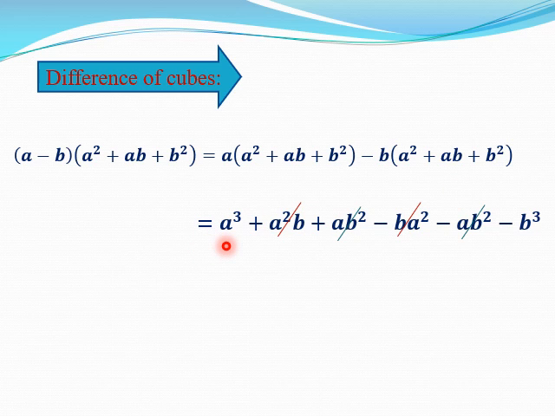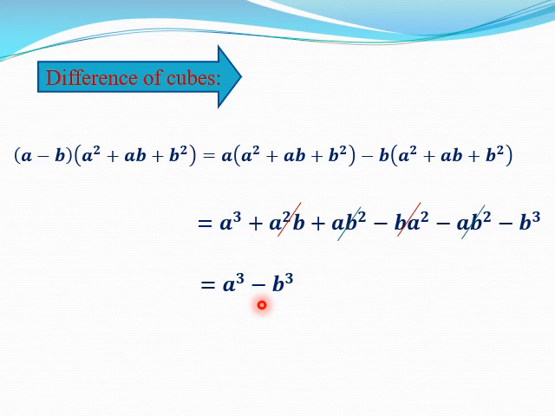After multiplication we get a cube plus a square b plus ab square minus b a square minus ab square minus b cube. And you can see very easily a square b is the additive inverse of b a square, so we cancel them, and ab square is the additive inverse of minus ab square. We cancel them. After simplification we get a cube minus b cube, that is the difference of two cubes.